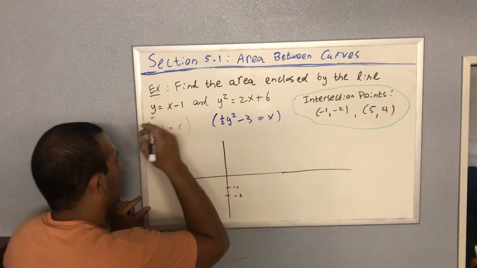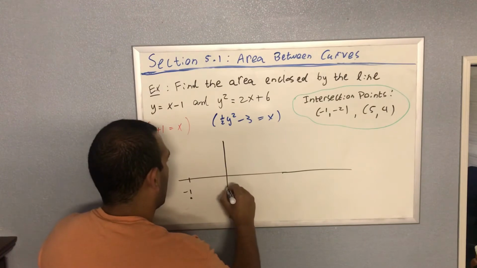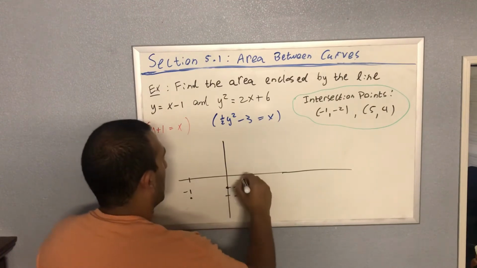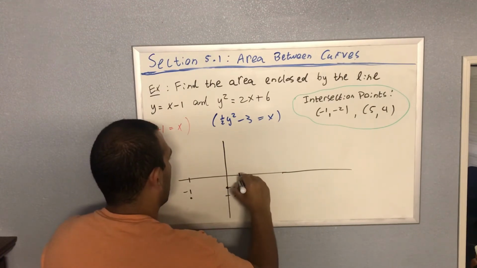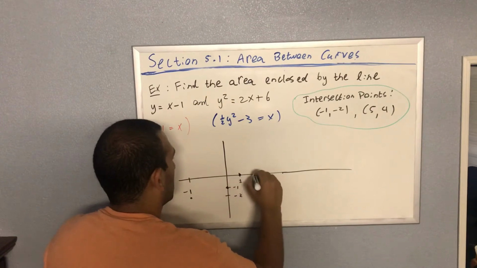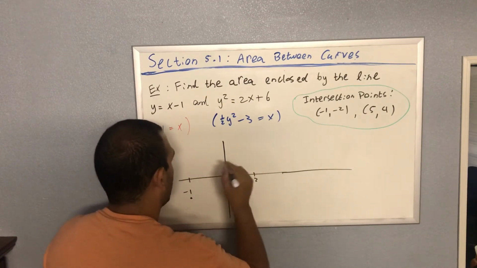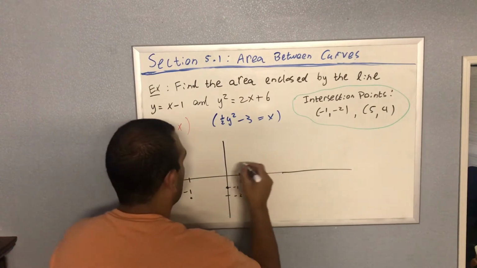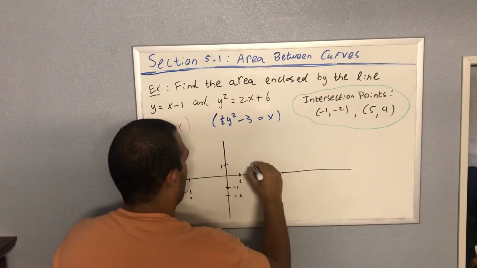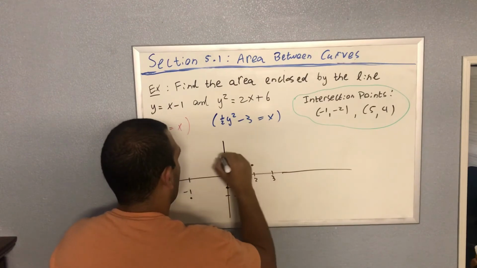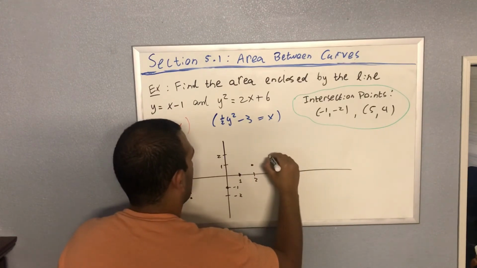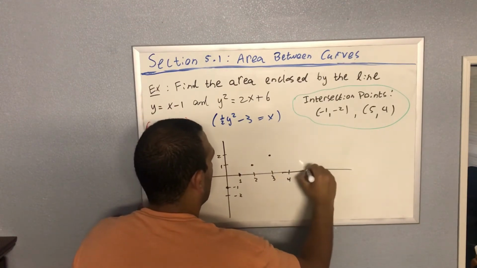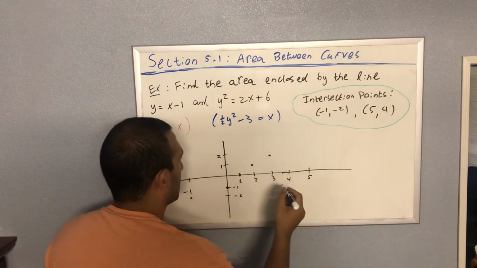And then you stick 0 into here, you get -1. And then stick 1 in, you get 0. Stick 2 in, it just keeps going up, right? So when you stick 2 in, you get 1. And so on. And we'll go until 5 on the x-axis.